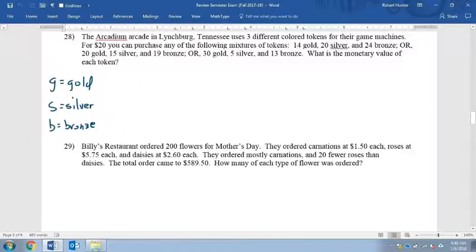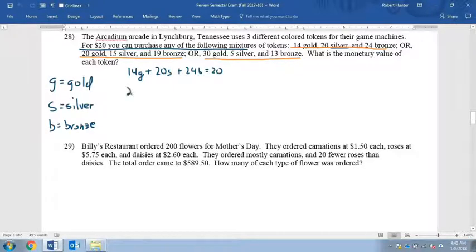Okay, so each of these, for $20, you can purchase any of these following mixtures. So each one of these is worth $20. That's worth $20, that's worth $20, and that's worth $20. Okay, so they only gave you the total once, but you got 3 different sets. So we've got 14 golds plus 20 silvers plus 24 bronze for $20.